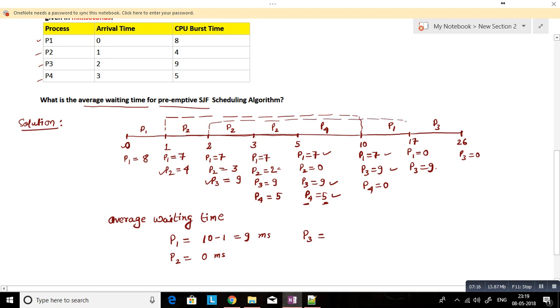So 17 minus 2, that is 15 milliseconds. Now how much does P4 have to wait? P4 arrived at 3 and it has to wait up to 5. So 5 minus 3, this is 2 milliseconds.